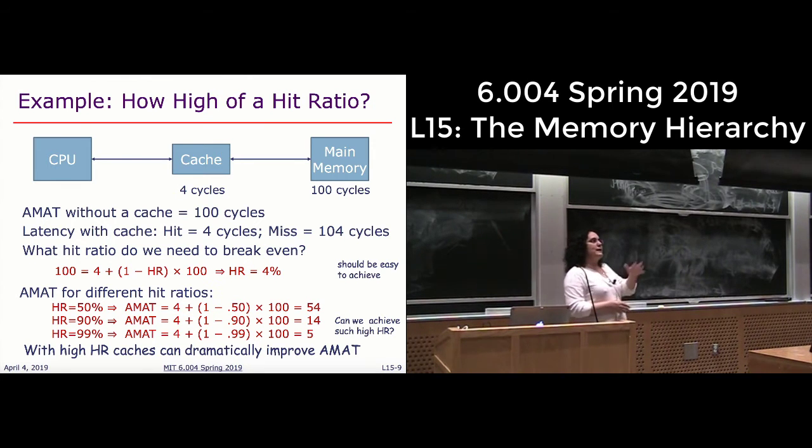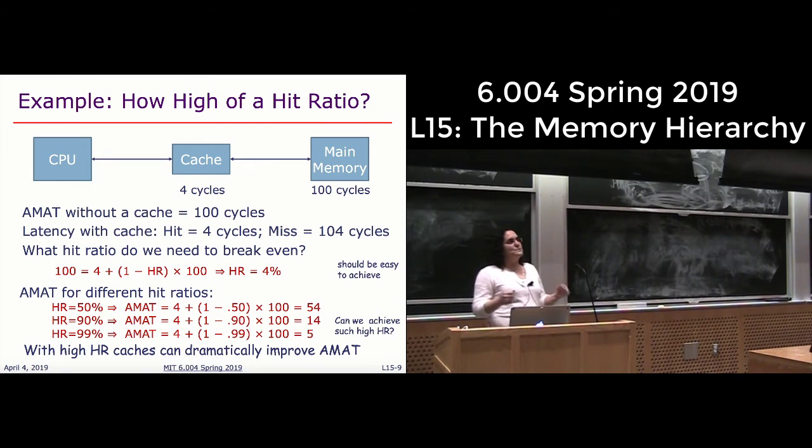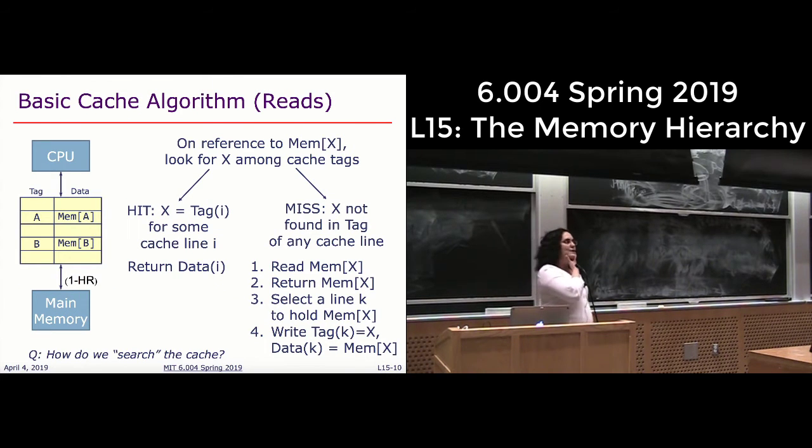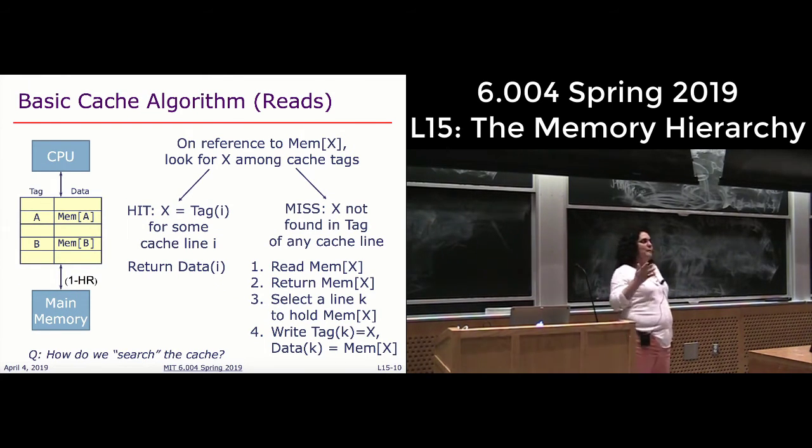And in order to get all the way as high as 99, that might take a little bit more effort, where you actually have to think about, when you're designing your programs, how to write them so that they utilize the cache as well as possible. But assuming that you do that, we can even get as high as 99%. Okay? So the caches are really going to help us, and assuming we can have a high hit rate, then it's going to dramatically improve our AMAT. Okay, so we see now why caches help.